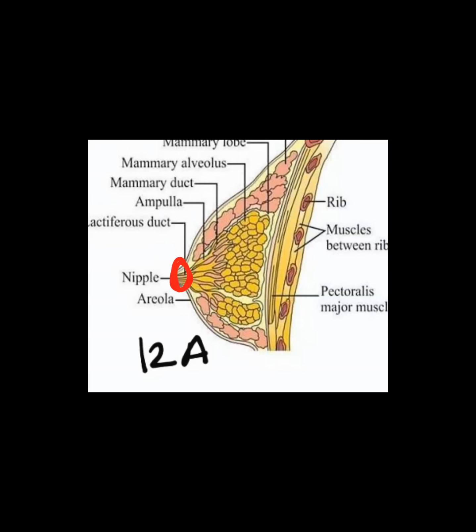The dark pigmented region around the nipple is called the areola. So in this nipple tip, the lactiferous duct will open. It is this duct through which milk will be ejected out.